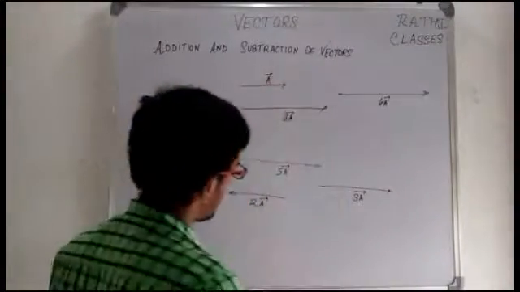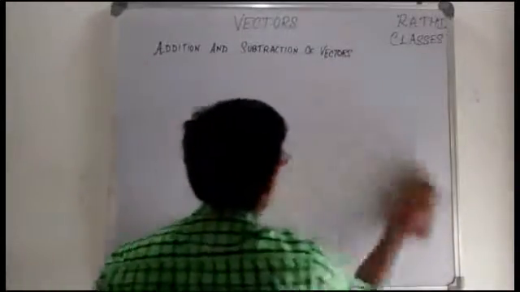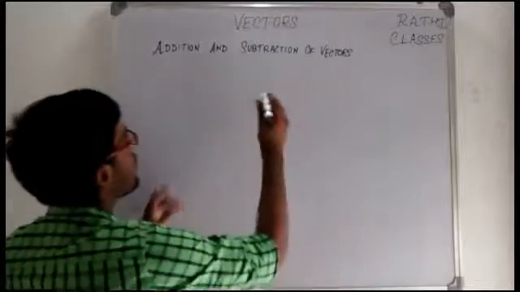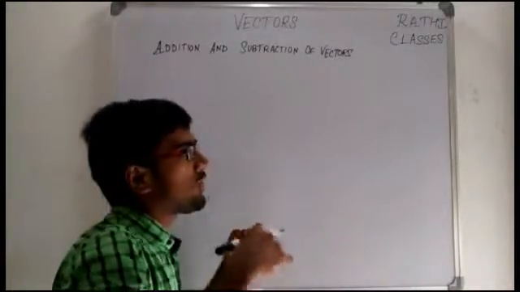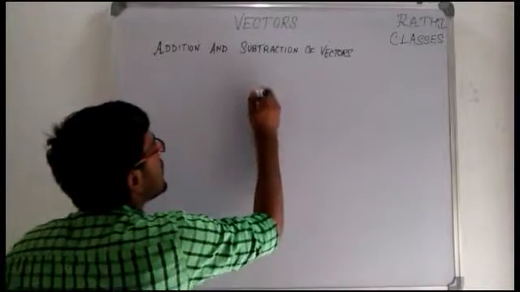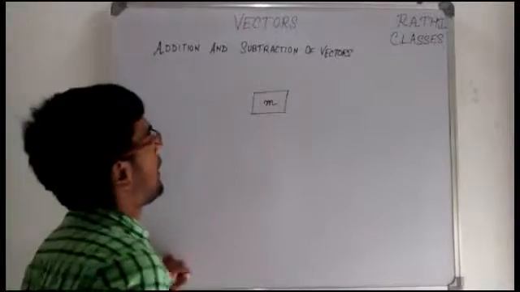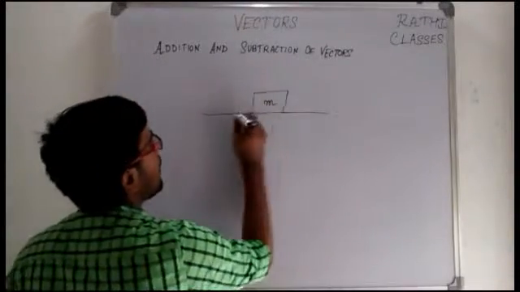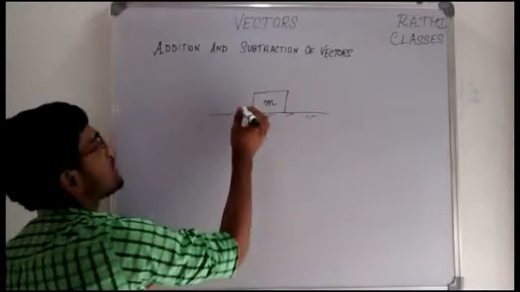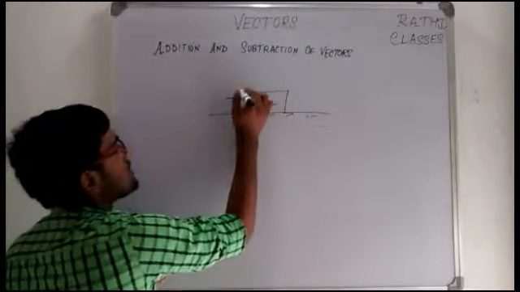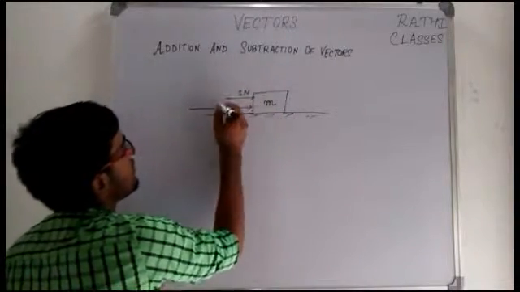For visualizing this, we can assume as if the vectors are not only vectors but force vectors. We can assume the vectors to be force vectors so that we can feel it, and we can assume a mass placed here, and let's say taking the first case, say 1 Newton force is acting in this direction and a 3 Newton force is acting in this direction, right?